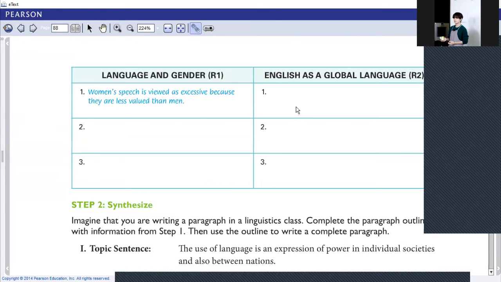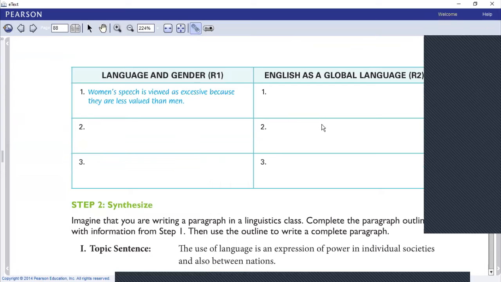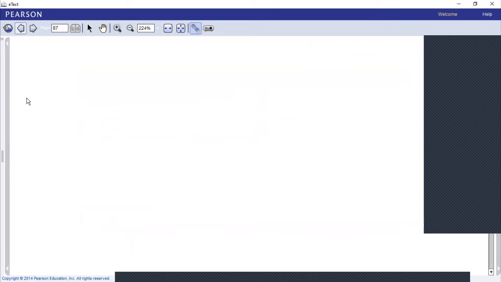Okay, the first one under reading 2 would be native speakers of English don't have to learn other languages. And the second one, a reason English has become a global language is because of war and politics. And number three, people who speak English can communicate with others more conveniently. So these are the three concepts that go into reading 2.